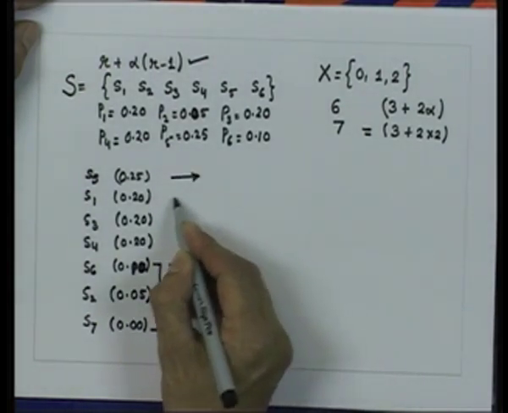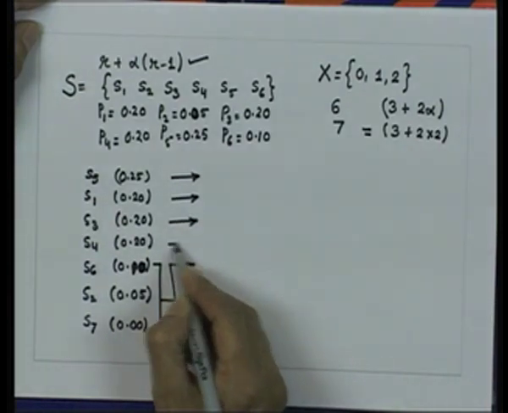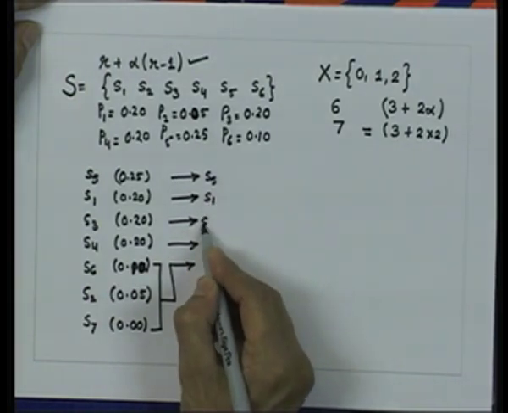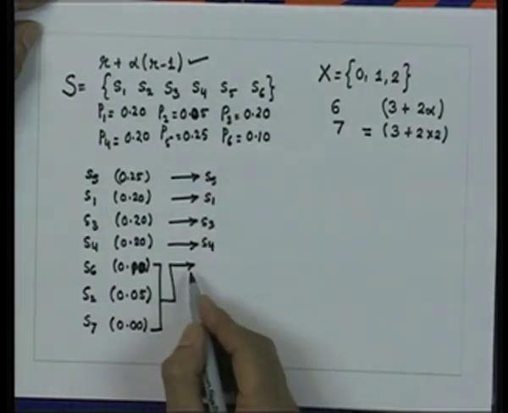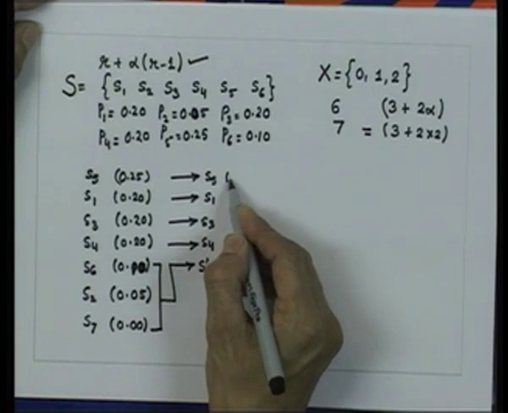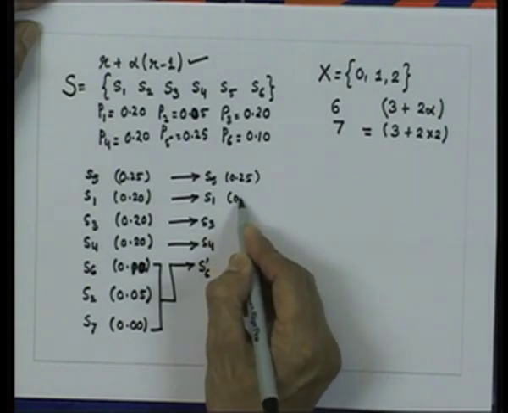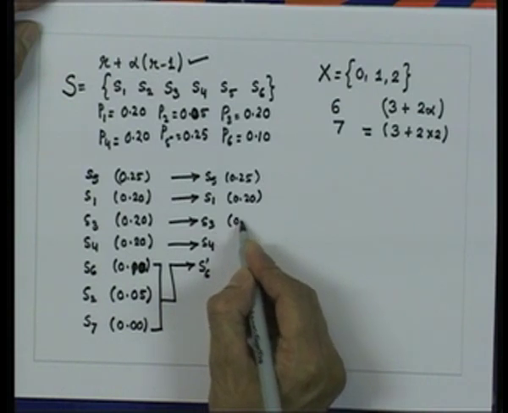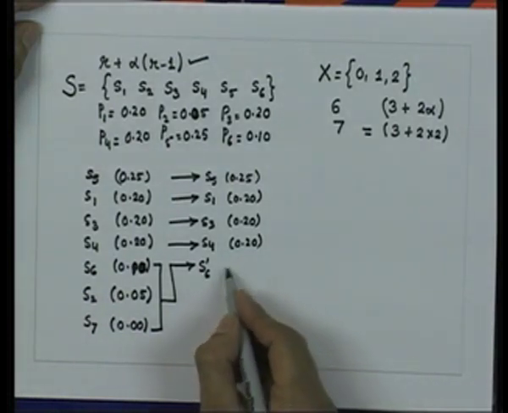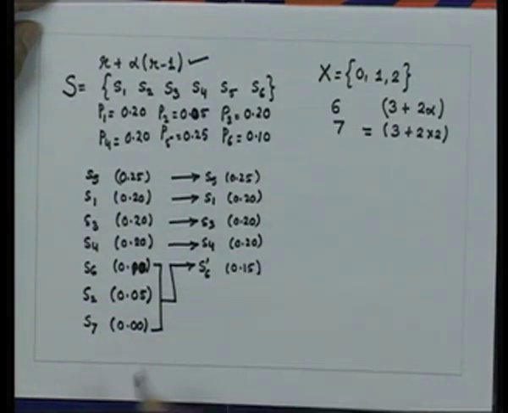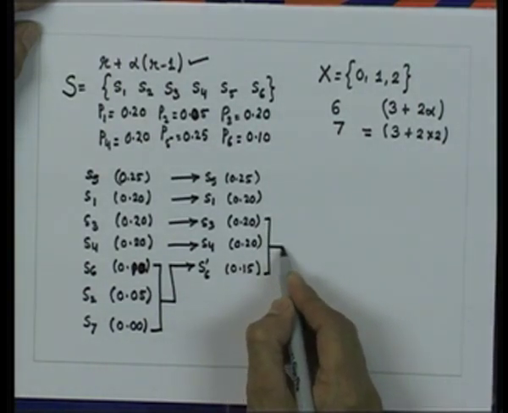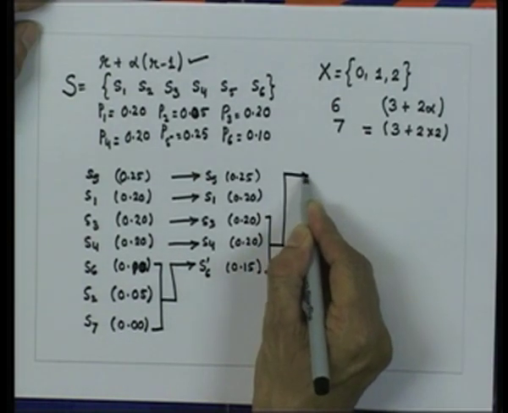I get here S5, S1, S3, S4, and this is S6 dash, and the probabilities are 0.25, 0.20, 0.20, 0.20, and 0.15.